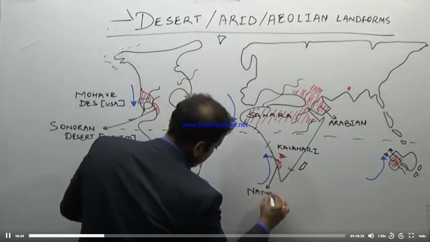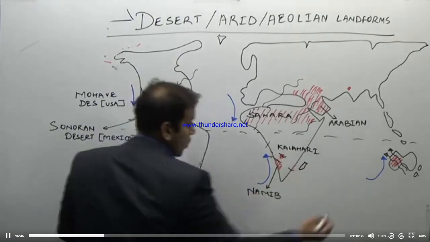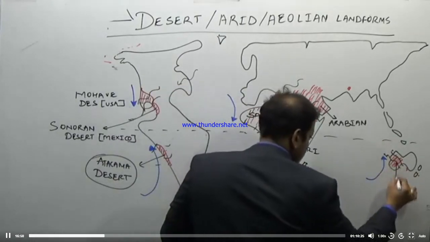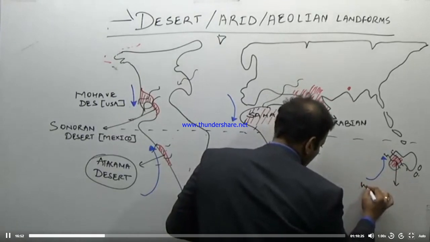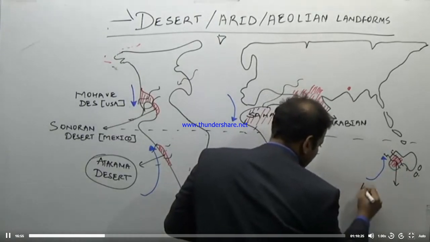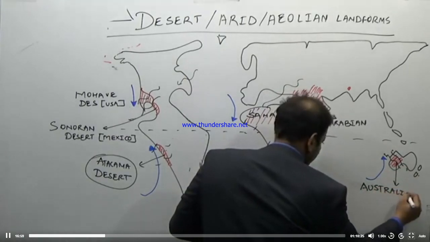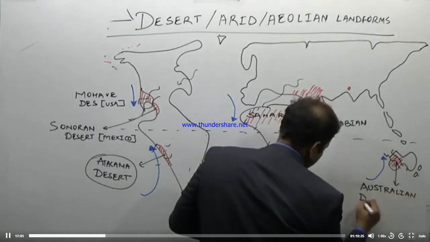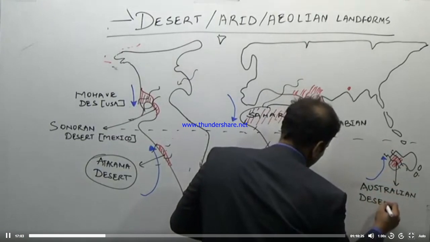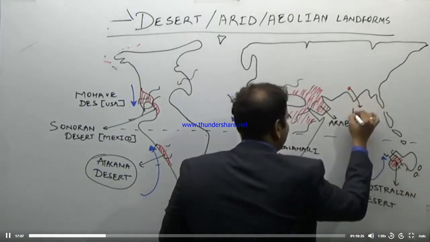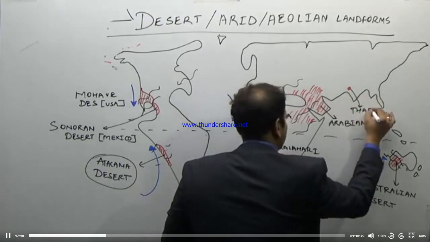Namib Desert. West Australian Desert, or we can just write the Great Australian Desert. And the desert of India, that is the Thar Desert.